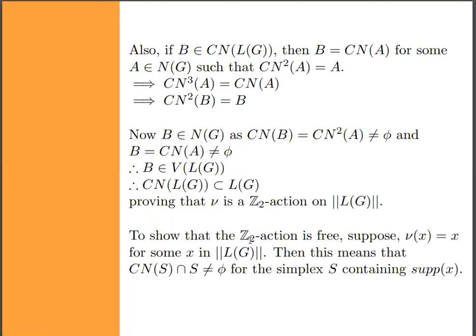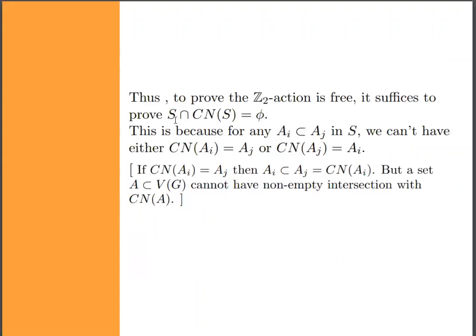We also prove that set to action is free, because if nu of h is equal to h for some h in L of G, that just means that Cn of s intersection s is non-empty for that simplex s containing h. But this is false because for any simplex, the intersection here is empty. This we can prove because if this was non-empty, then there would have been AI and AJ such that Cn of AI is equal to AJ, or Cn of AJ is equal to AI, with AI contained in AJ.